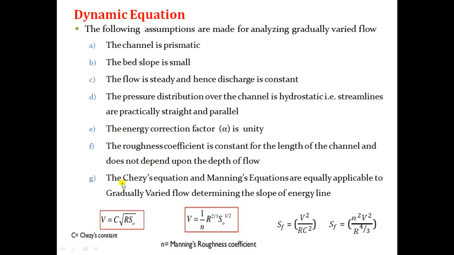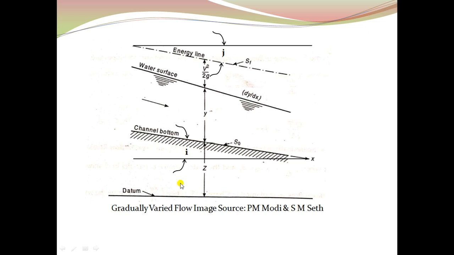The last assumption is that Chezy's equation and Manning's equation are equally applicable to gradually varied flow in determining the slope of the energy line. Let us refer to this figure. Let us assume the flow to be uniform. This in fact is a figure for gradually varied flow, but let us assume the flow to be uniform.